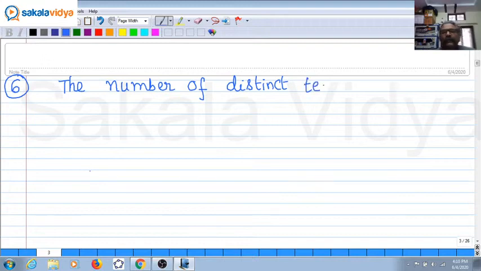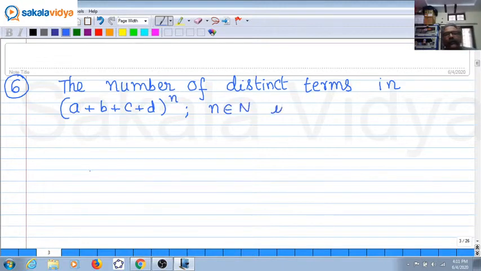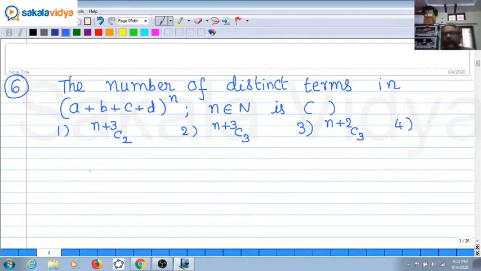The number of distinct terms in (A plus B plus C plus D) whole to the power of n, where n belongs to natural numbers, is: first option n plus 3 C 2, second option n plus 3 C 3, third option n plus 2 C 3, fourth option n plus 4 C 3.